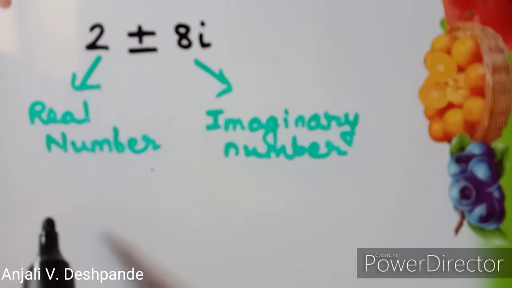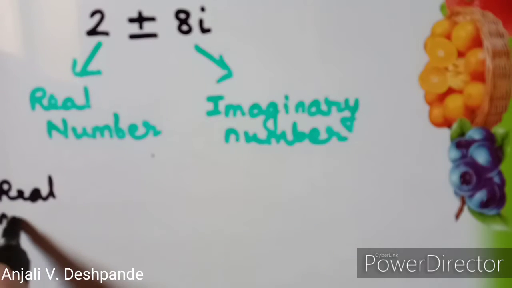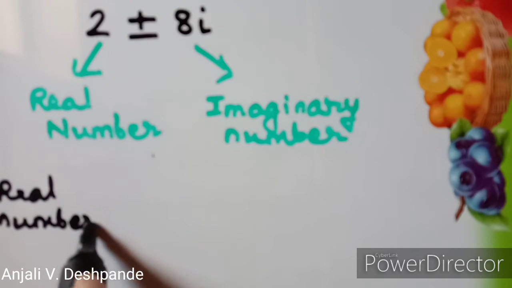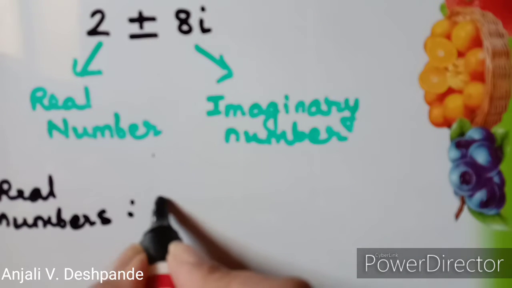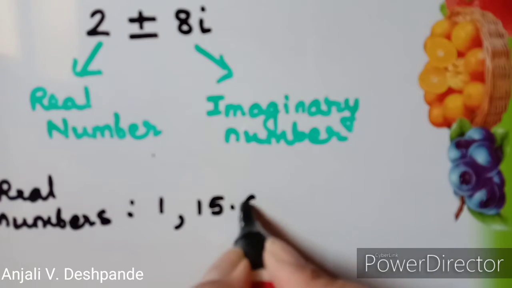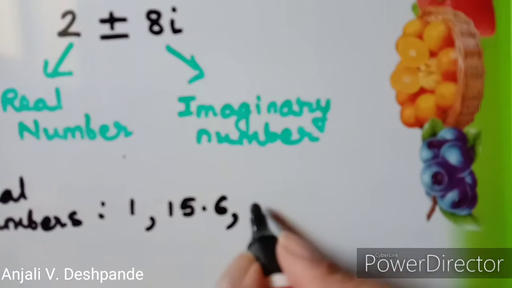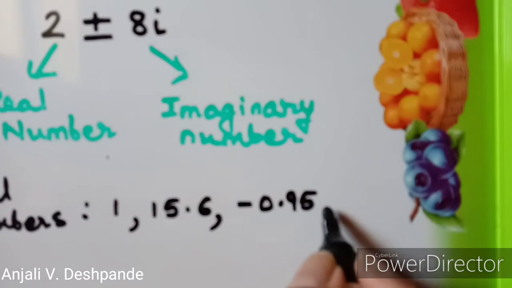See, real numbers, you already know real numbers, they are of this type. Let us say 1, 15.6, then let us say minus 0.95, right?